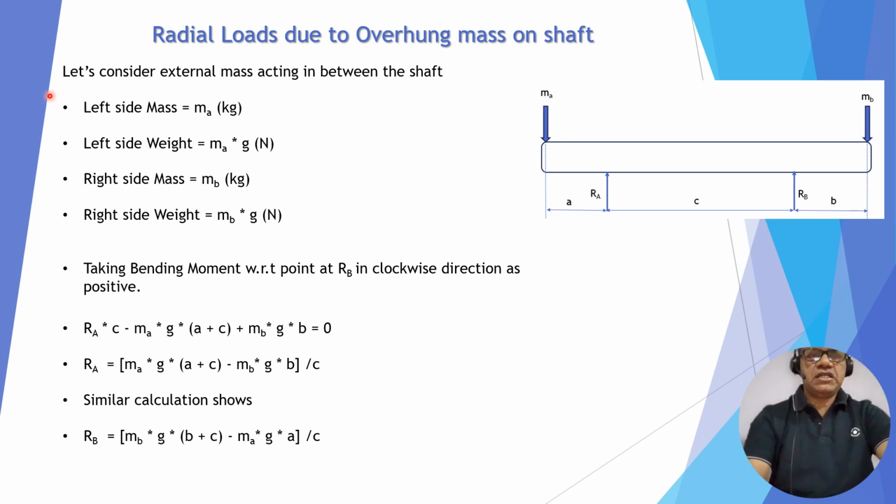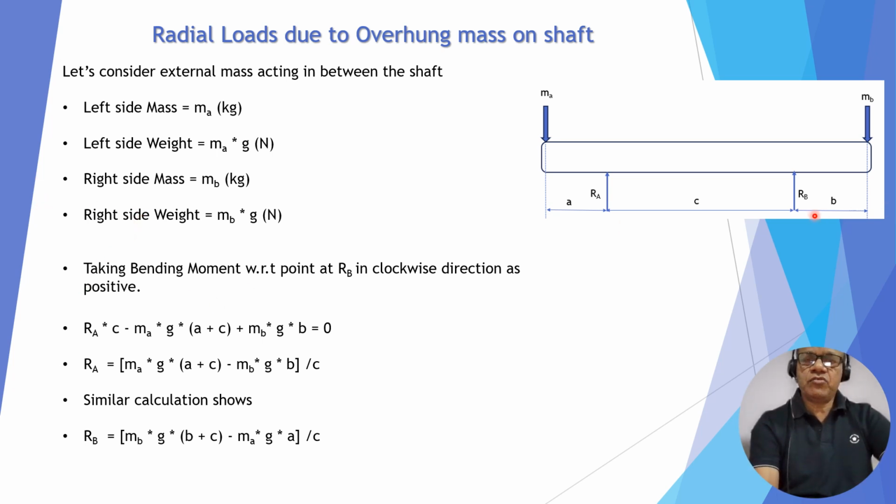Now this is the third case, the overhung radial load due to overhung mass on the shaft. Ma and Mb are two masses attached on the overhung sides, and Ma is attached at distance A from bearing A, and Mb at distance B from bearing B. The left side mass is Ma kg, the left side weight is Ma into g, the right side mass is Mb kg, and the right side weight is Mb into g Newton.